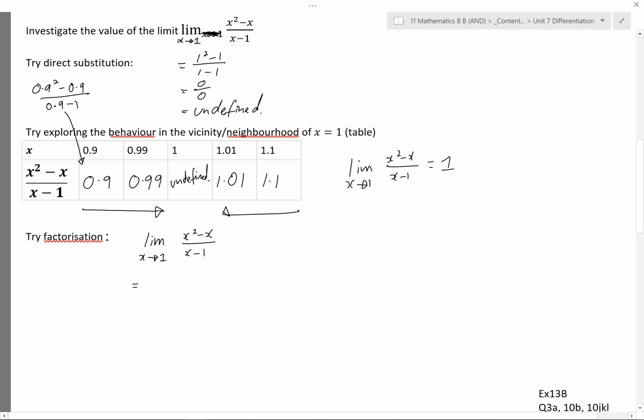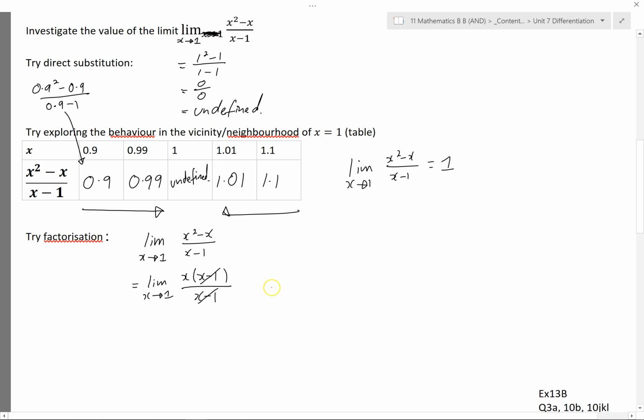I'll look at the top line of this fraction and see if I can find a common factor, and I'll find that the x is common on both terms. So what I'll be able to do is take out that factor of x, be left with x minus 1, and I'll recognize now that I have a common factor on numerator and denominator, so I can cancel these two.